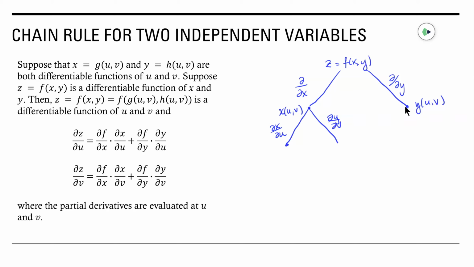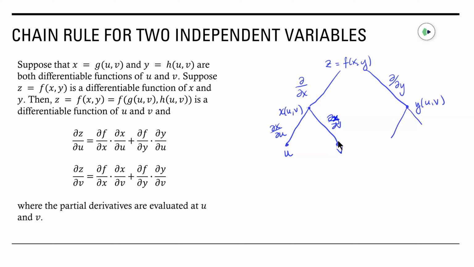Now, at the end, I've done a partial derivative with respect to u, and there are no additional partial derivatives to take. Similarly here, when I do my partial of x with respect to v, I'm at the variable v, there are no more partial derivatives to take.